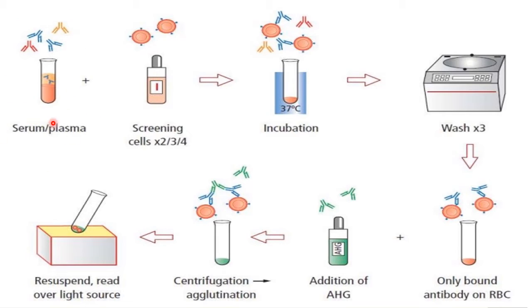The patient's serum is taken and cells are added, which we call screening cells, that is O positive red cells, used because they have the Rh antigen. Take 1 drop of serum and 2 drops of 5% O positive red cell suspension, mix and incubate at 37 degrees centigrade for 30 to 45 minutes. During this incubation, what happens?